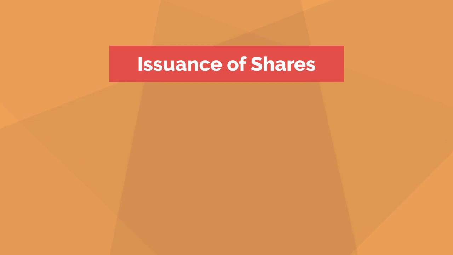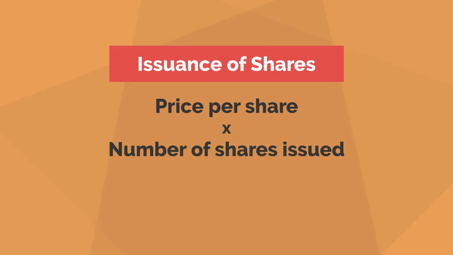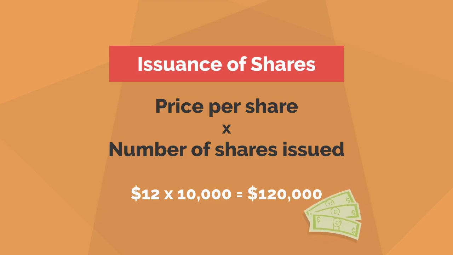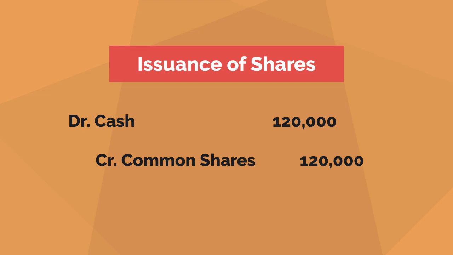We calculate the total proceeds from the issuance of shares by multiplying the price per share by the total number of shares issued. In this case, Lily Lime raised a total of $120,000 in cash. We debit the cash account and credit the common shares account for this amount.